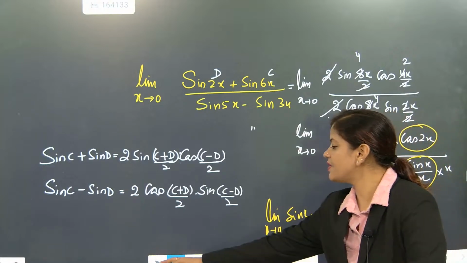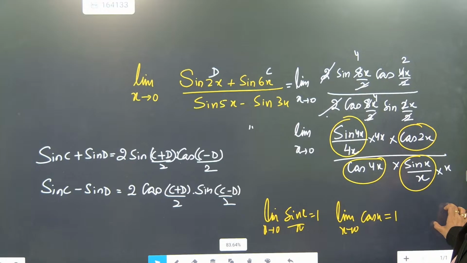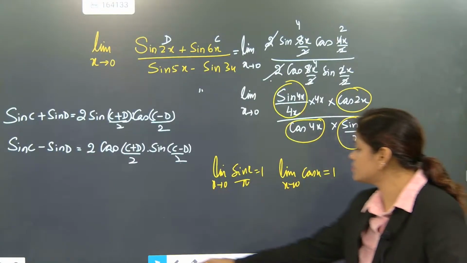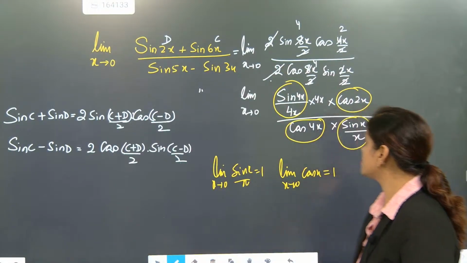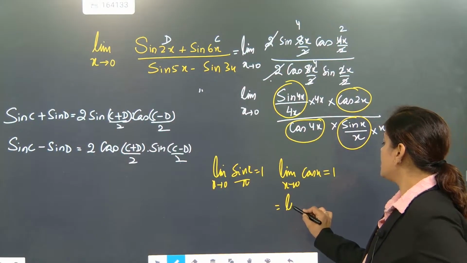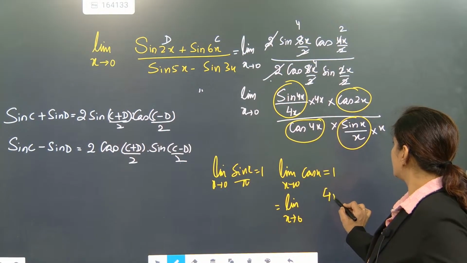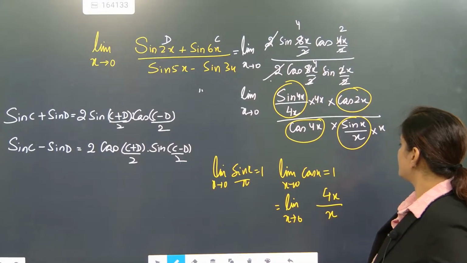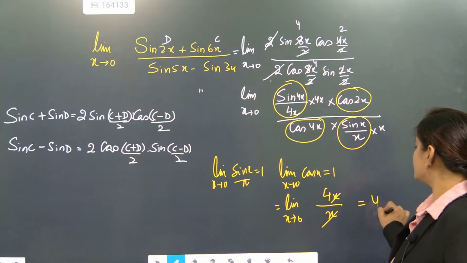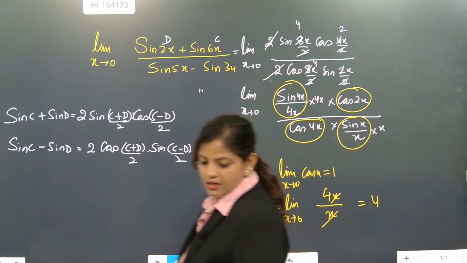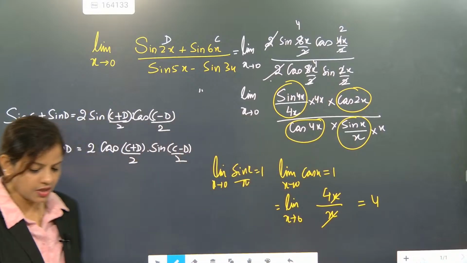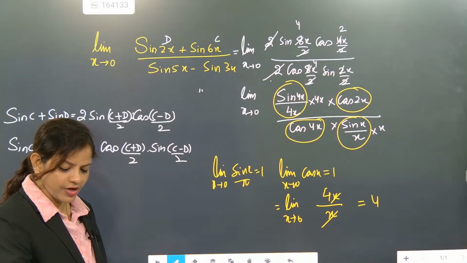Understood? This is one of the most important questions and you must not leave these type of questions. So now here limit x tends to 0, 4x by x is there. So this and this will get cancelled. Answer is coming as 4. Clear cut with steps. Very good, Sujata. So this is what we have to expect.